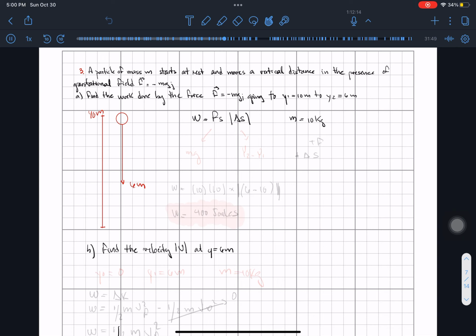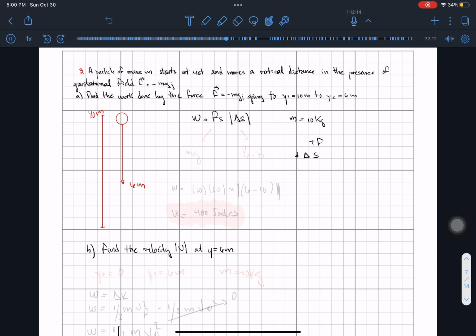So therefore, we could assume that they're both positive, right? So let's just assume that the force and distance traveled are going to be positive, so it's easier for us to work with.